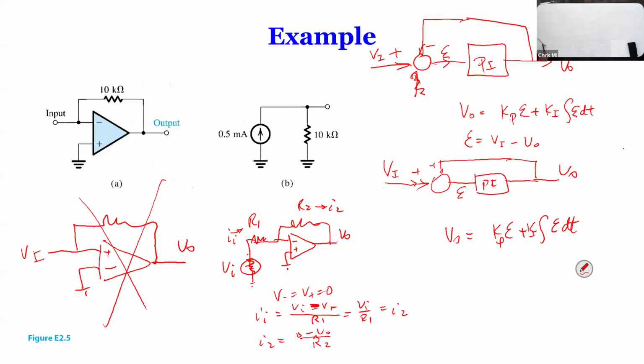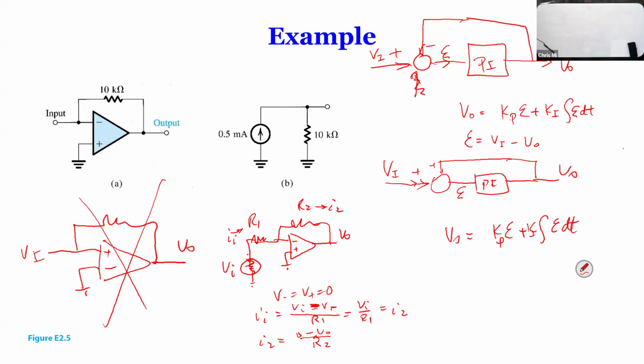A couple of things you already know, but let's go over this again. The positive terminal is grounded, and the negative terminal voltage is the same as the positive terminal, so this is 0 and this is 0. This voltage minus 0 divided by the resistance gives us current I1.